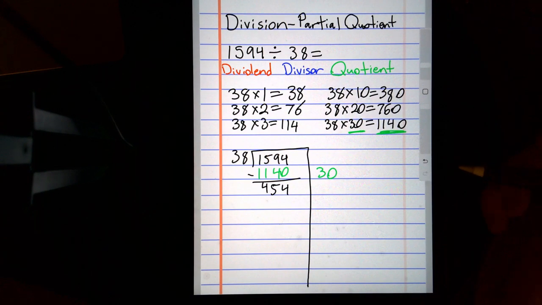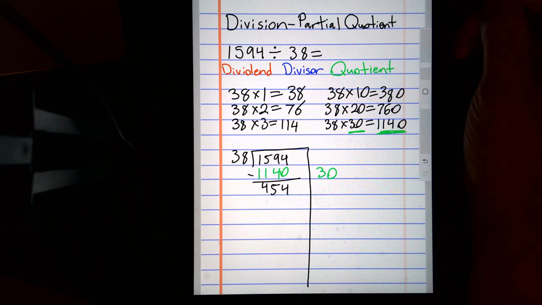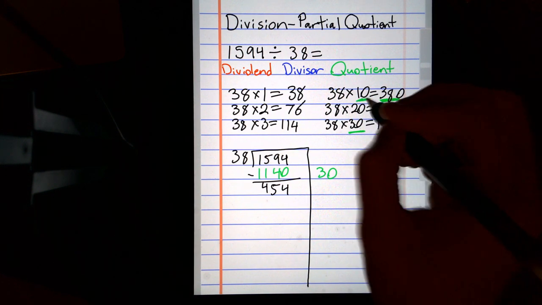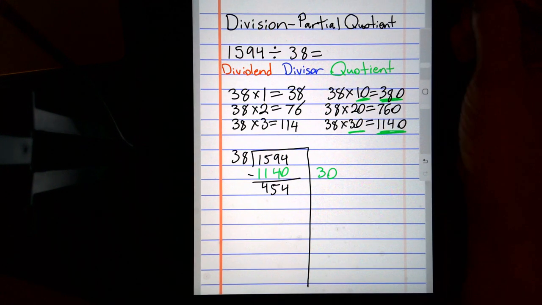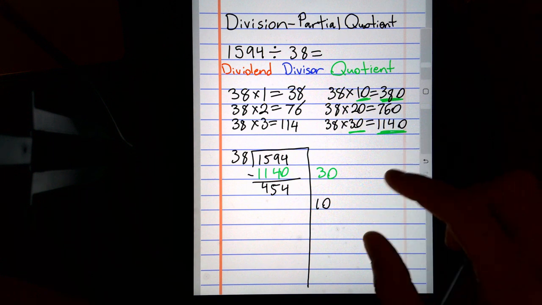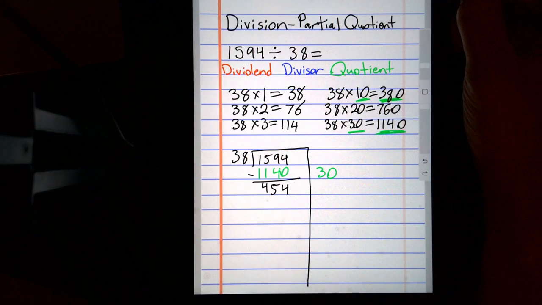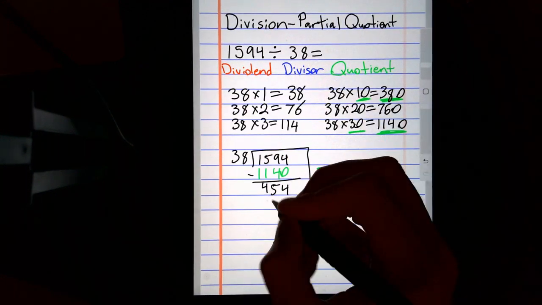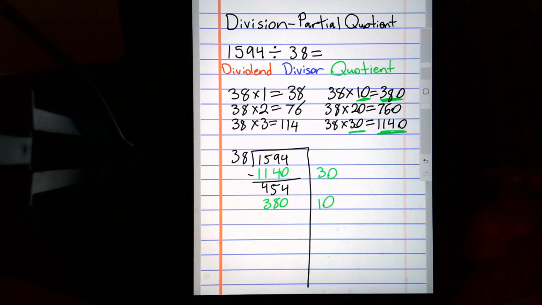And now we need to subtract down from this number. That would be 380 right here. So we would put our partial quotient of 10 right here, and 380 right here.